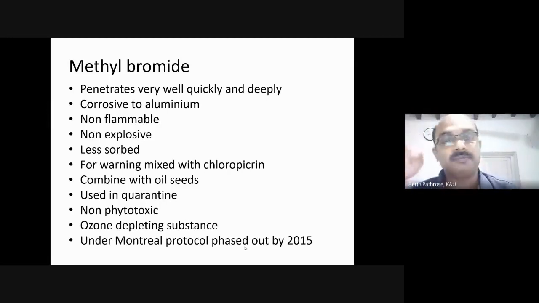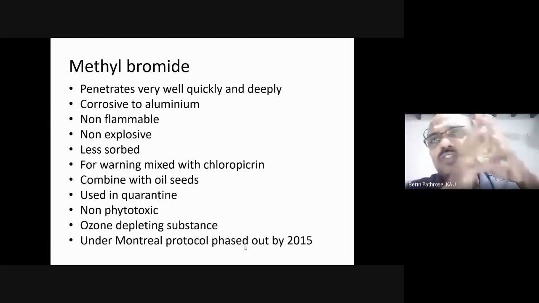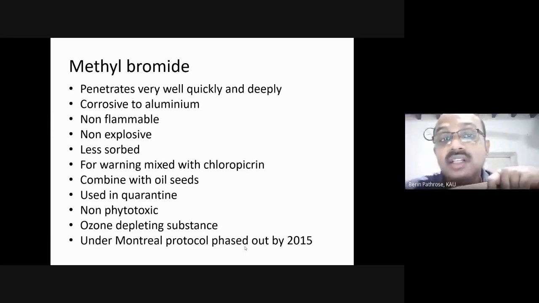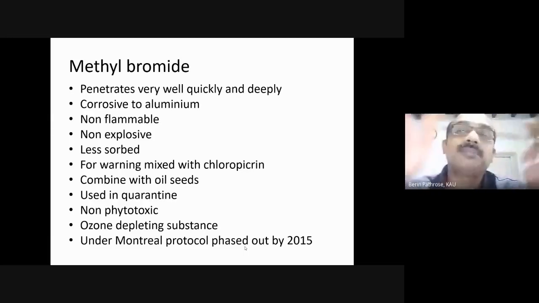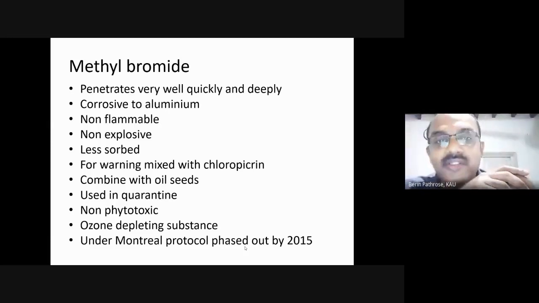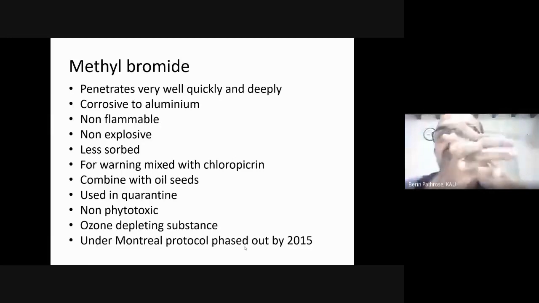Another thing is that aluminum phosphate is also not phytotoxic. But the exposure period for aluminum phosphate is about 5 to 7 days. If you are keeping a seedling for 7 days, the seedling will dry up, because we will be fumigating under a completely closed environment. There won't be any sunlight. The plant will die. With methyl bromide, fumigation will be over in 2 to 3 days.